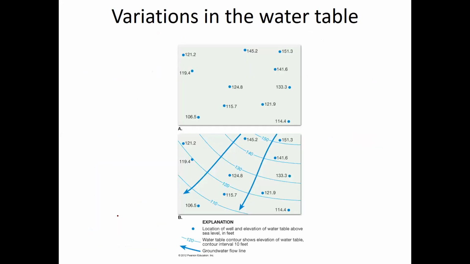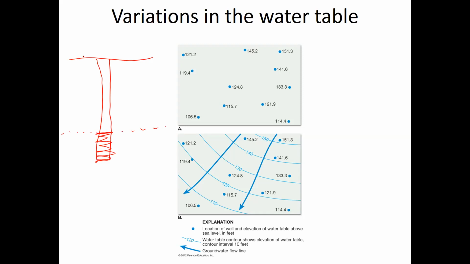So how we map the water table is, we're looking at a map here, and each of these blue dots indicates the location of a well. You drill a well. This is the water table. The well will fill up with water until the height of the water table.